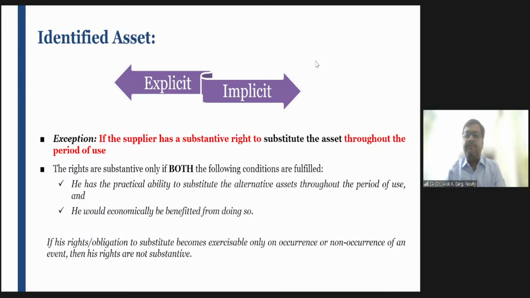Okay, and the lessor must get benefited from that replacement. For example, if it is mentioned that this particular registration number car is provided to the lessee, and the car broke down and now the lessor is providing another car, in this case you cannot say that the substantive substitution right exists. Why? Because in this case the lessor is helping the lessee since the car has broken down, and that is why the lessor is providing another car.